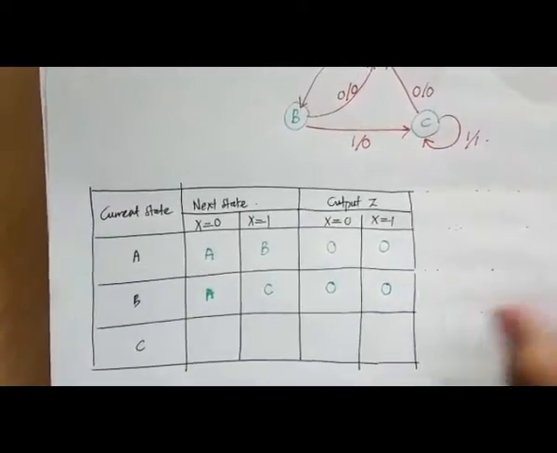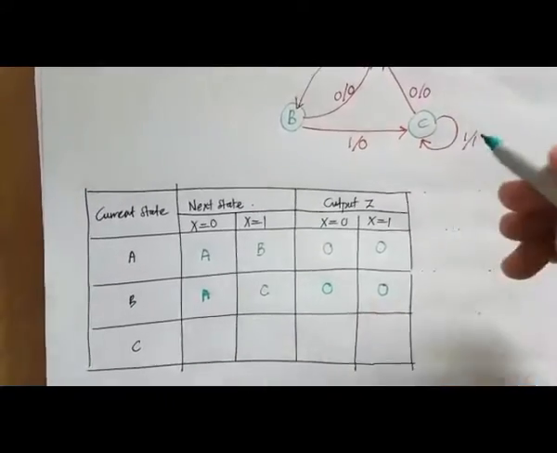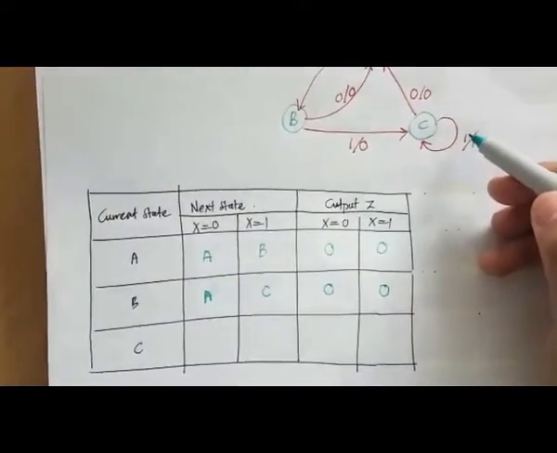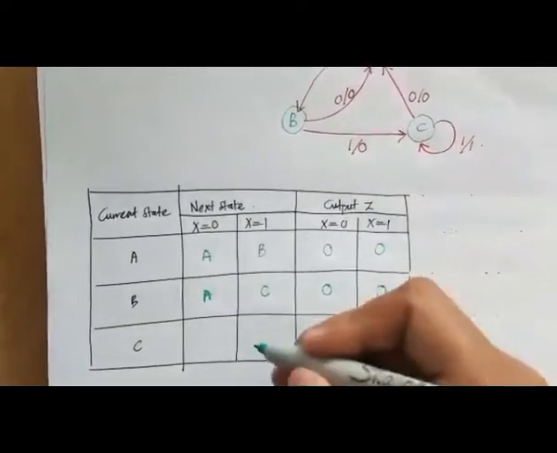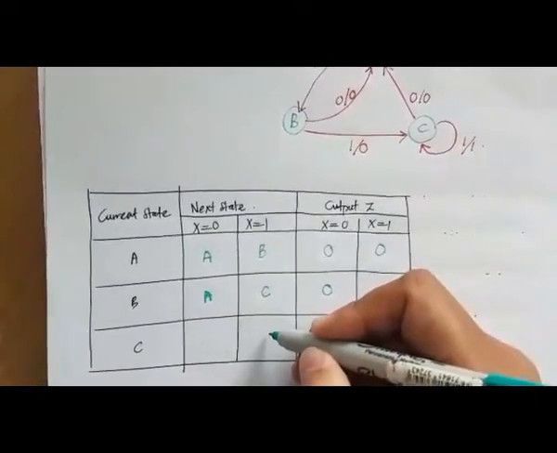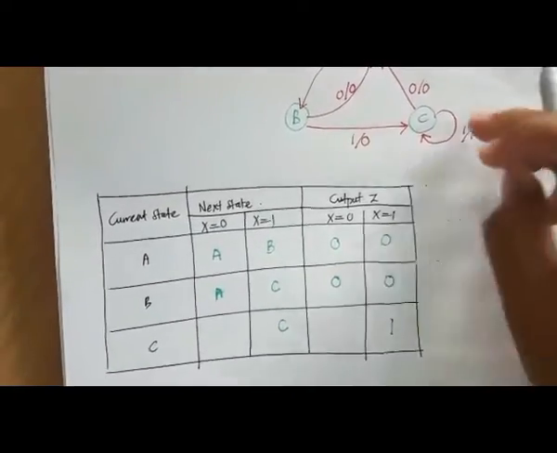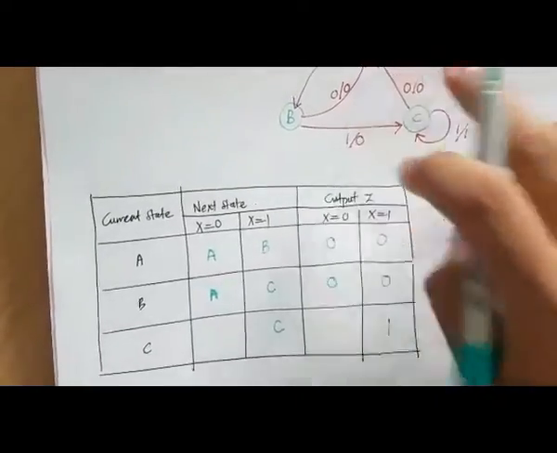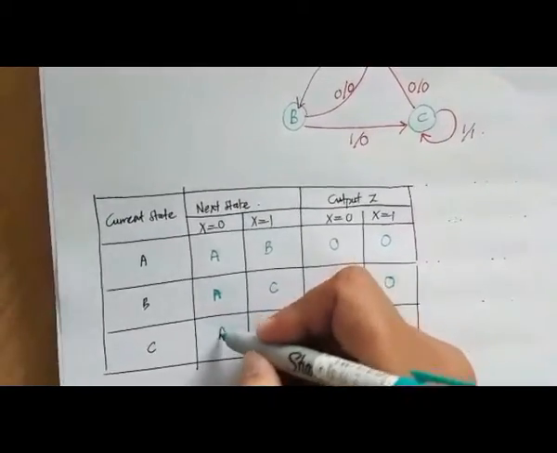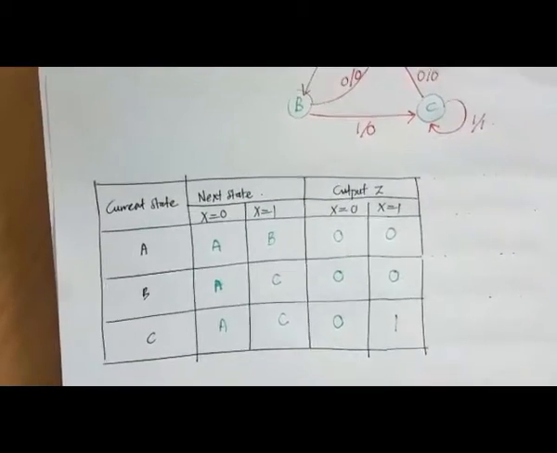For C, if the input is 1, it stays at C, and the output is 1. If it is 0, it will go to A, and the output is 0. Okay.